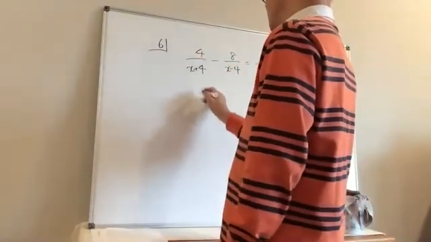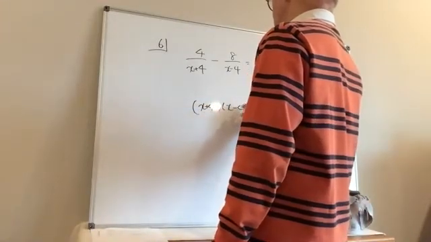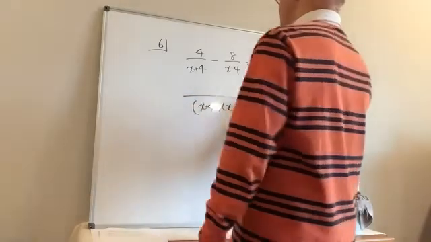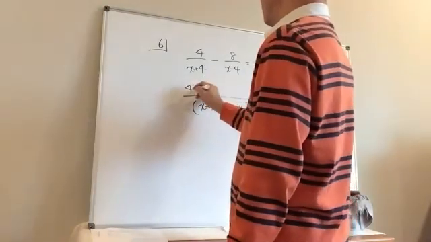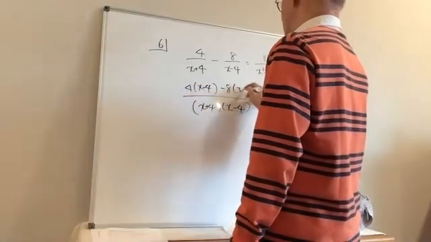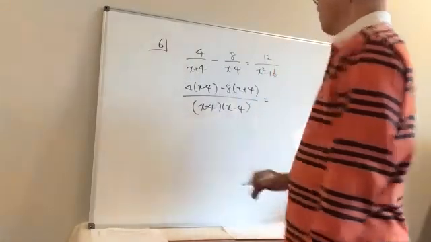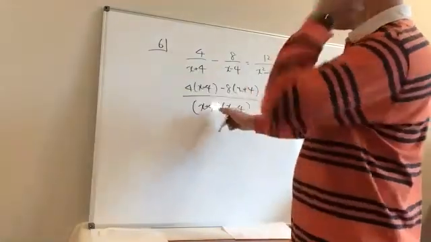If I combine the denominators, I'm going to get 4 times x minus 4, minus 8 times x plus 4. So what do I have? Let's work on the left side alone.